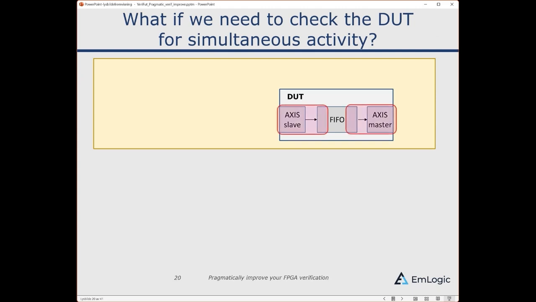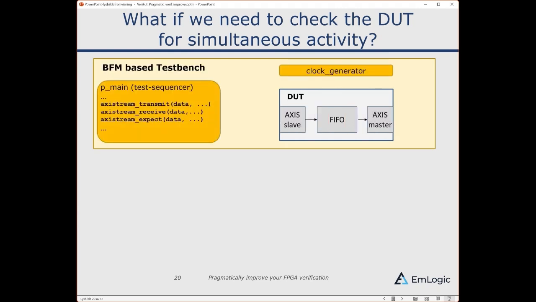Now, what if we need to check this device under test for simultaneous activity? I just mentioned that BFMs, of course, are running in sequence and consuming time. So again, back to this device under test with the FIFO and AXI-Stream slave and master. For a BFM test bench, we just looked at what that looks like.